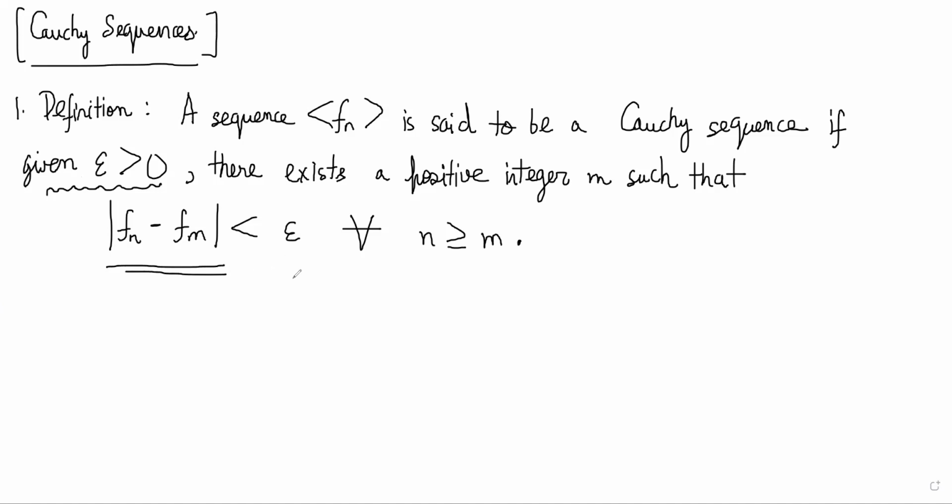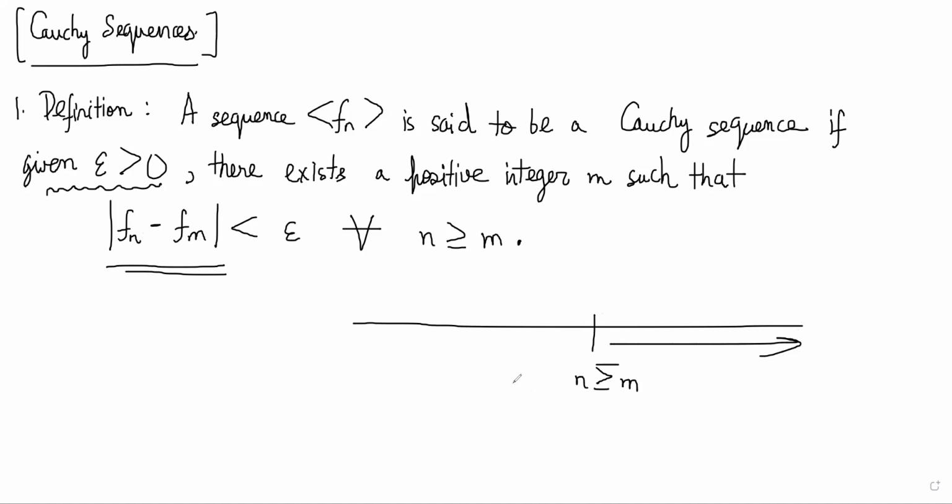Sir, all the terms will be closer to Fn than to the... All the terms will be in the epsilon neighborhood of fn. Okay, it is closer to fn than epsilon, and that happens after a cutoff point, after n becomes greater than or equal to m. Beyond this, and obviously the cutoff point here will depend on the value of that epsilon.